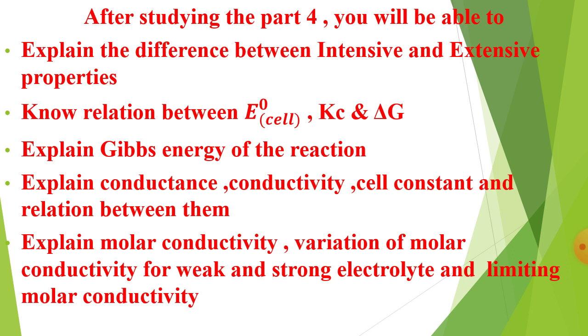In the previous lecture, I told you that electrolytes are of two types, strong and weak. Strong electrolytes break into ions completely, for example NaCl, KCl, and weak electrolytes do not completely furnish ions.